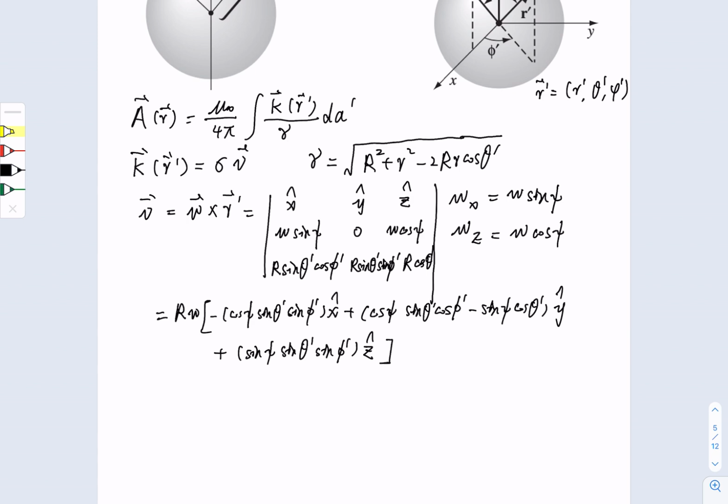And this expression is actually not as difficult as it seems, because the integral of dA can really be written in two parts. The first part is the integral over d theta prime, and the other is d phi prime.